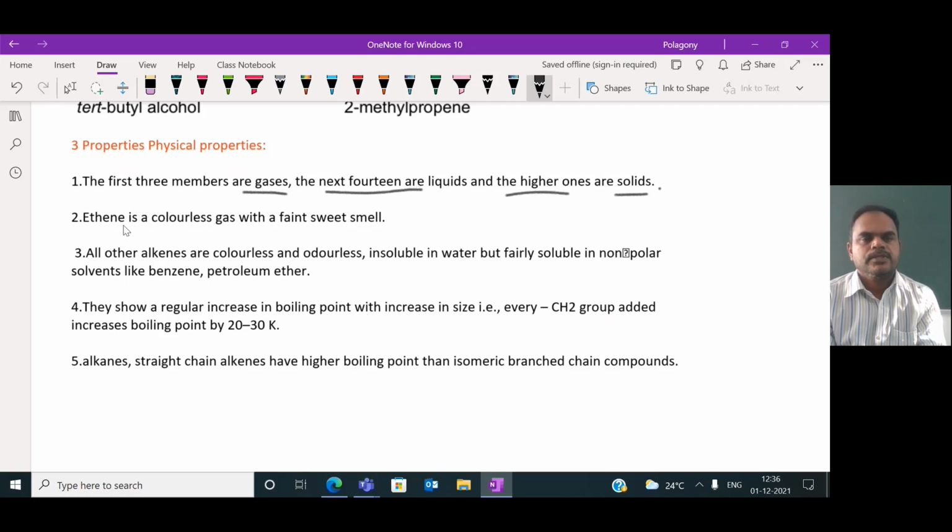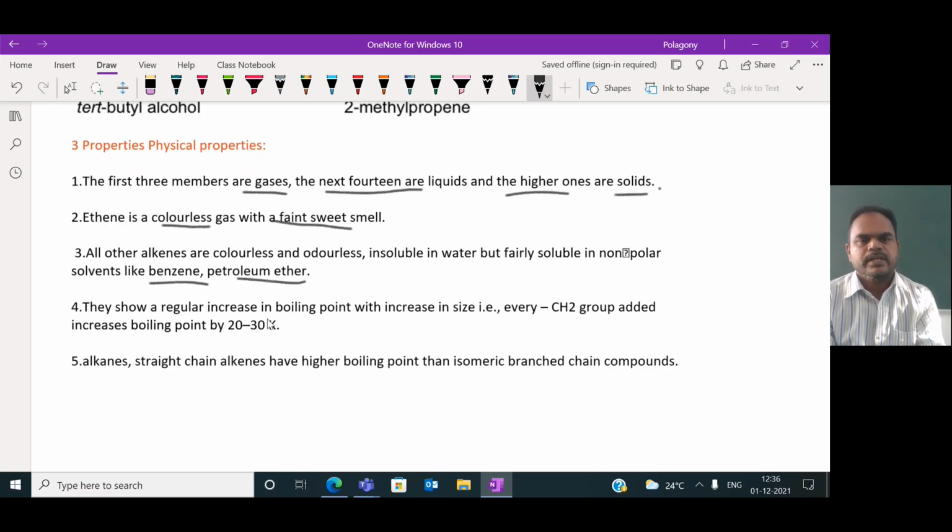Ethene, the first member of alkenes, is a colorless gas having a faint sweet smell. All other alkenes are colorless and odorless and insoluble in water, but fairly soluble in non-polar solvents like benzene, petroleum, ether.